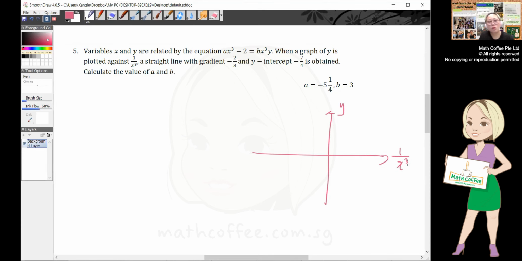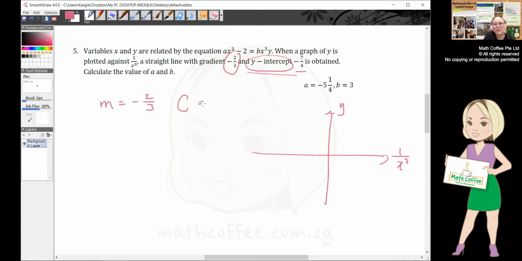Then they tell you that the gradient is minus 2/3 and the y-intercept negative 7/4 is obtained. So they're trying to tell me the gradient is minus 2/3.